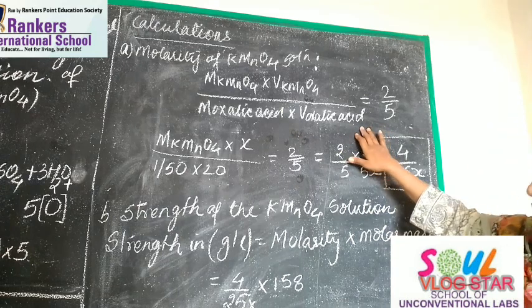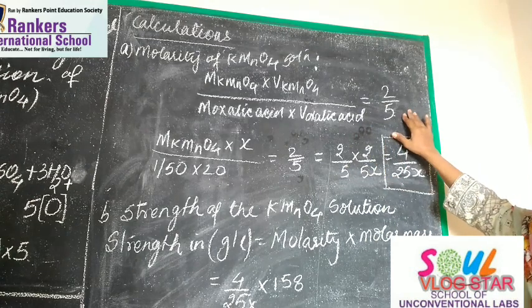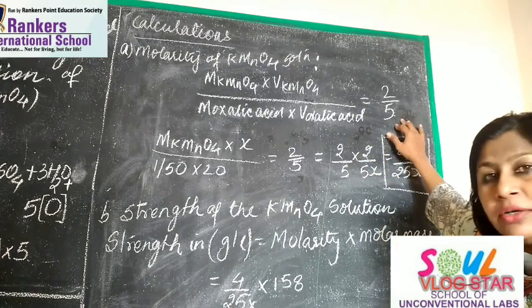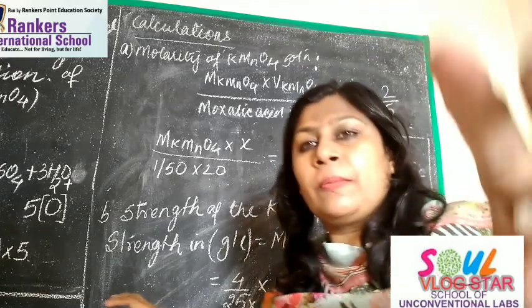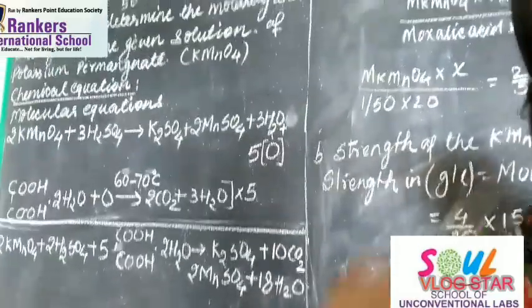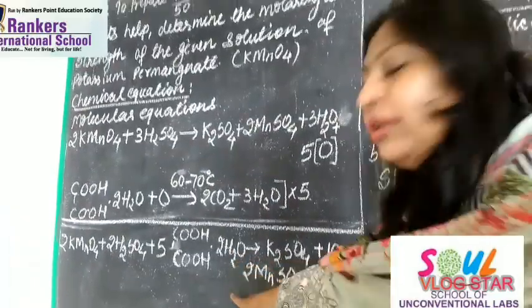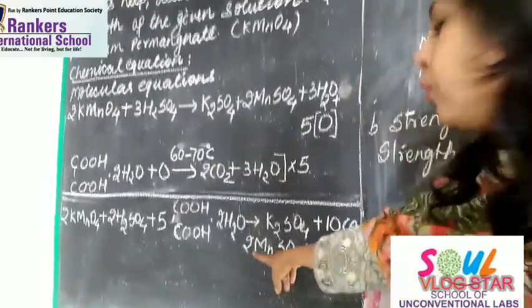Children, why is 2 by 5 written? As you have seen in the equation, for 2 KMnO4 we need 5 (COOH)2 dot 2H2O, that is oxalic acid. So here we are going to write it 2 by 5.